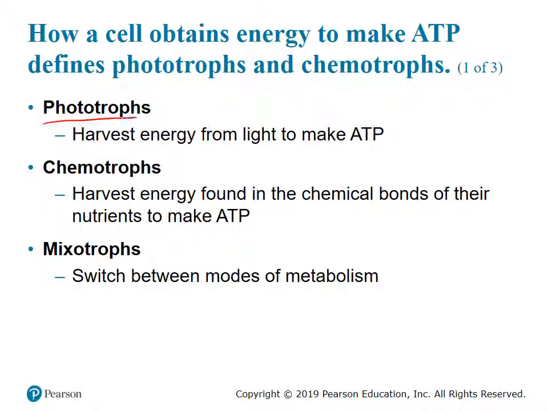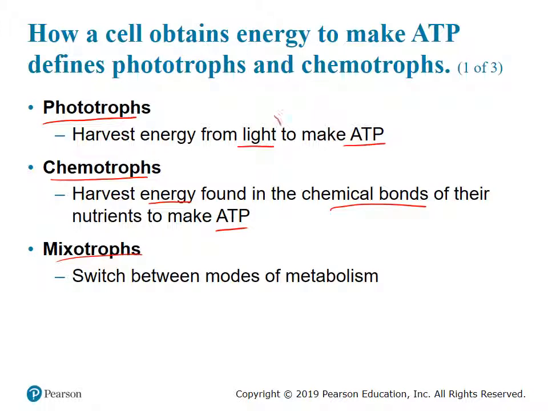If you're a phototroph, you can actually use energy from light to make ATP. If you're a chemotroph, you use the energy from the chemical bonds that you break open to make ATP. Mixotrophs can actually do both, right?